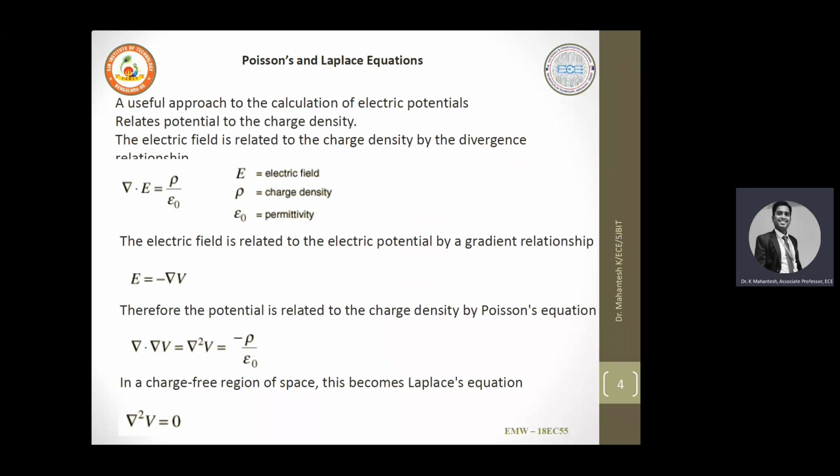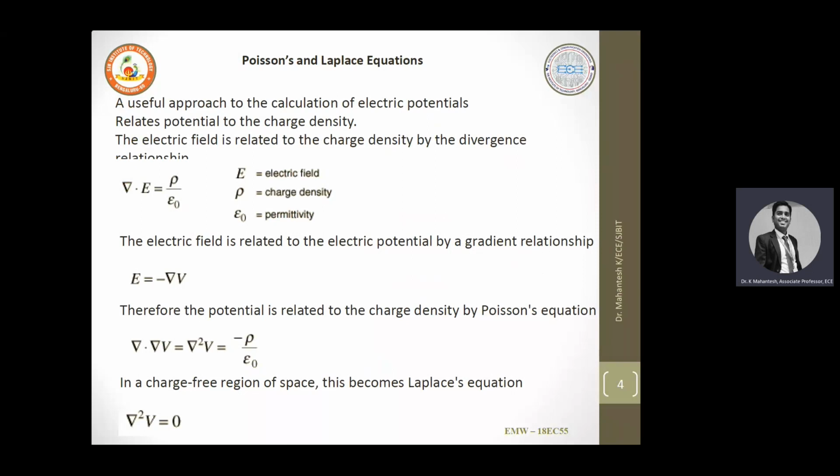So if we want to calculate the potential at some regions due to the charge distribution at some regions, or knowing the quantity of charges at some regions, how are we going to calculate the potential?